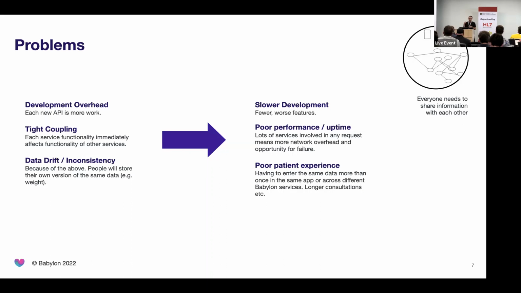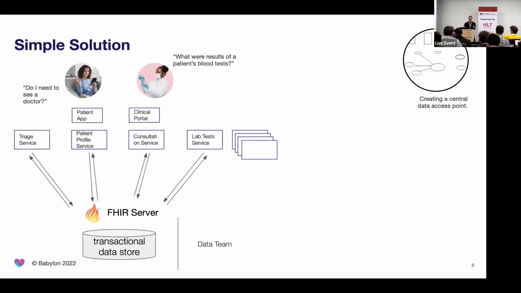So we end up with slow development, and poor performance and uptime, because anytime anything goes wrong, everything goes wrong. And what ends up happening is these different services end up storing their own copies of the same data. And so patients have to enter the same data in more than one place, depending on what part of Babylon's product they're using. Clinicians can't see all the data they need to, et cetera, et cetera.